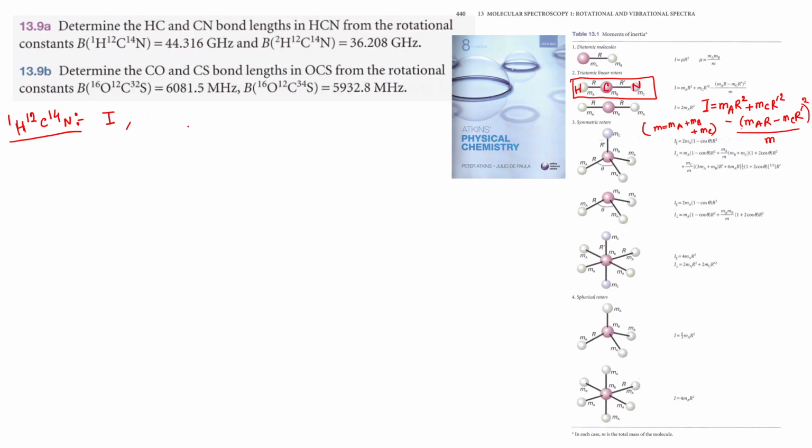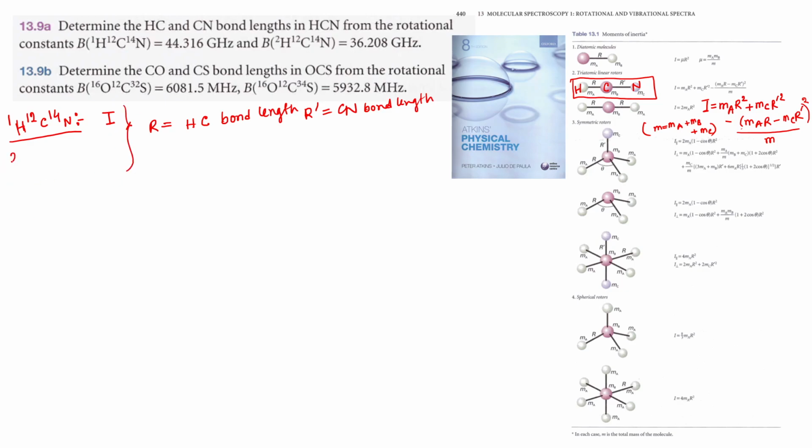So R is the HC bond length and R dash is the CN bond length, and this is common.